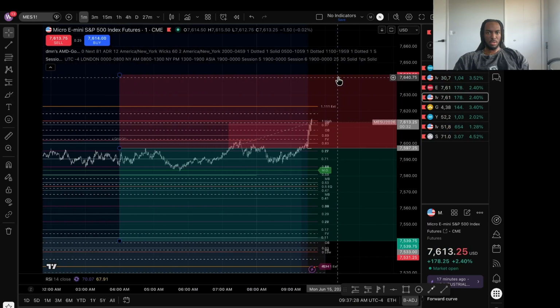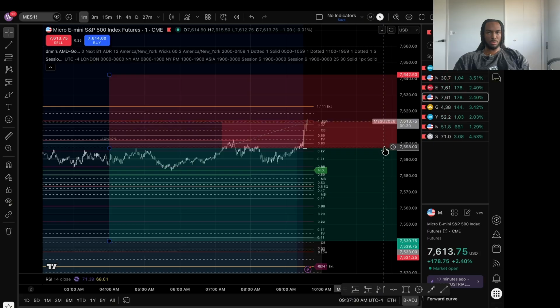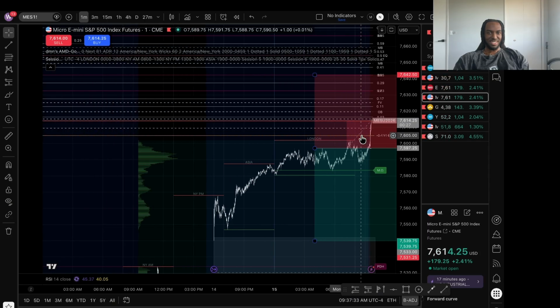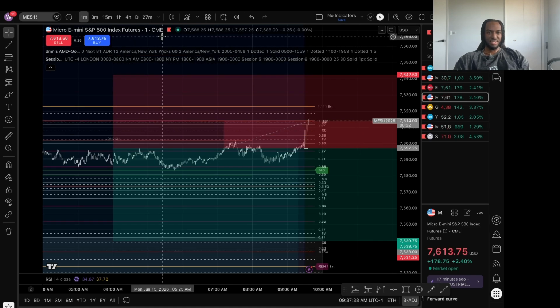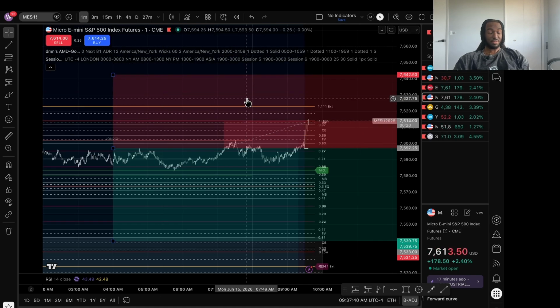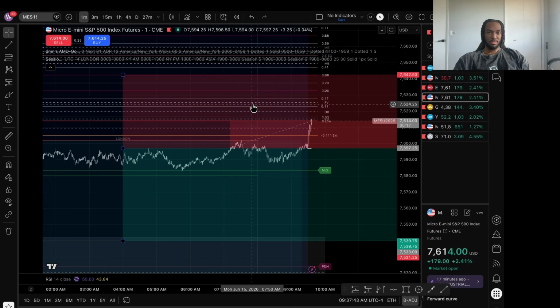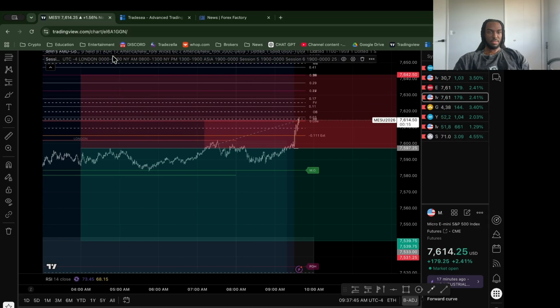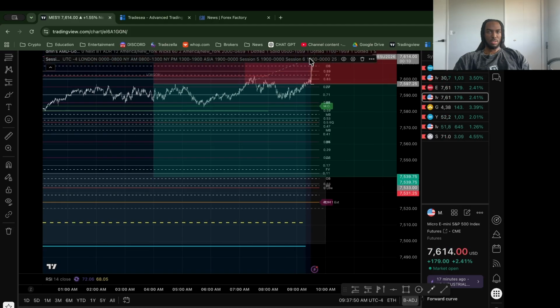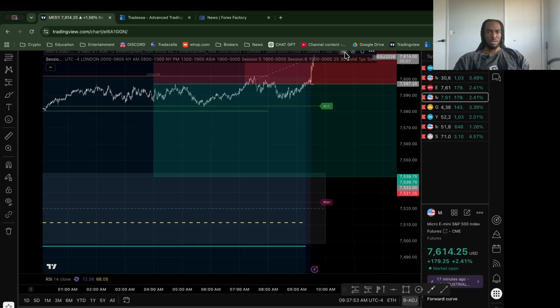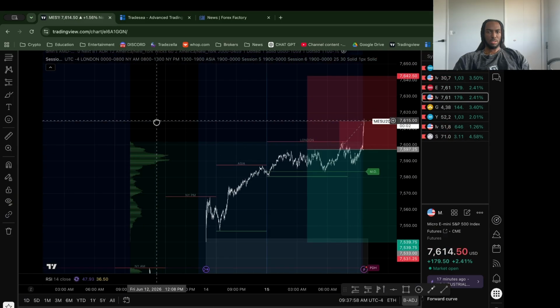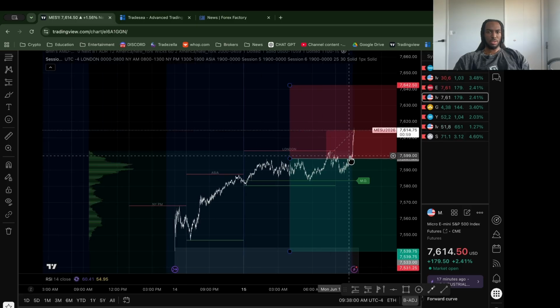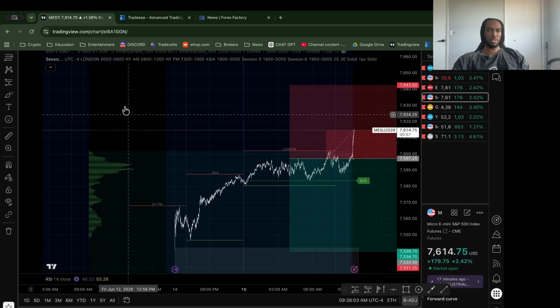I understand this potentially is a peace deal, but this is absurd. We're just pushing like maniacs. Nah, bro. We're gonna have to reverse and grab that liquidity eventually.